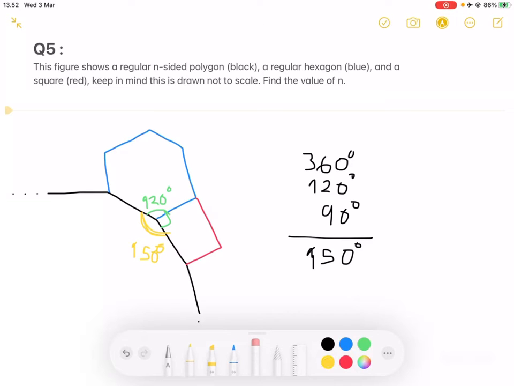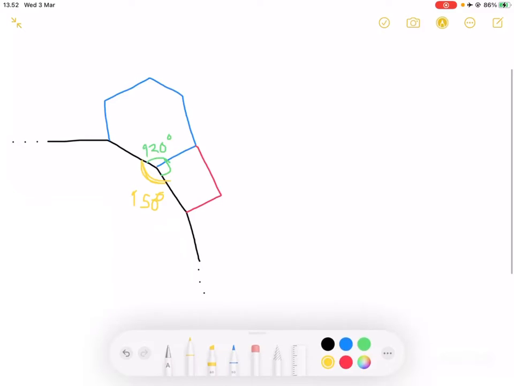And from here we can just use the formula for the size of each interior angle in an n-sided polygon. However, there's actually an easier way to do it, and that is by calculating the exterior angle in this polygon. So let's draw a dashed line right here, and this is the exterior angle.